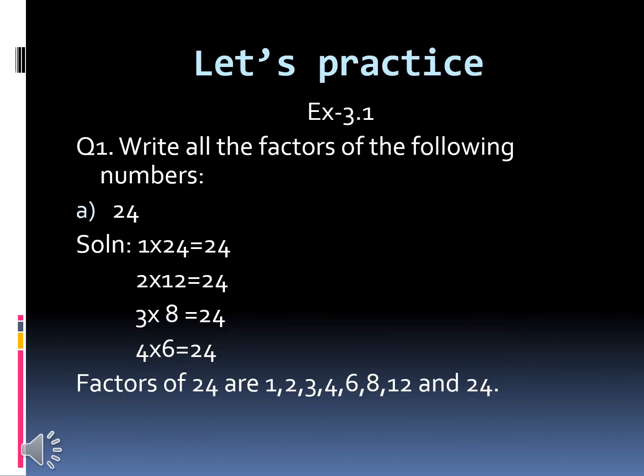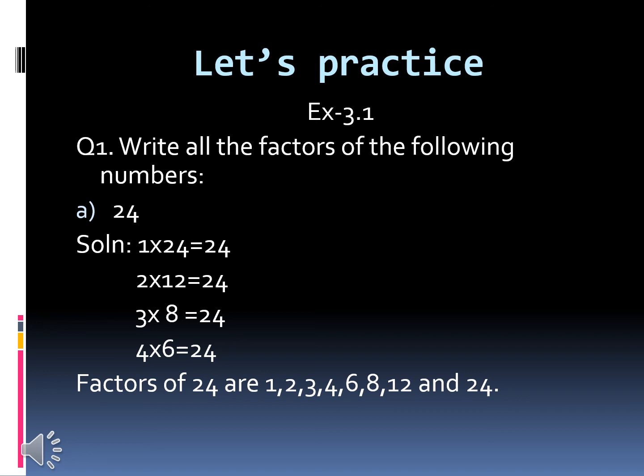Question number 1 is, write all the factors of the following numbers. A part, 24. So revise the divisibility rules. 1 is a factor of every number, so 1 into 24 is 24. Next number is 2. 24 is an even number, so it is divisible by 2. 2 into 12 is equal to 24.